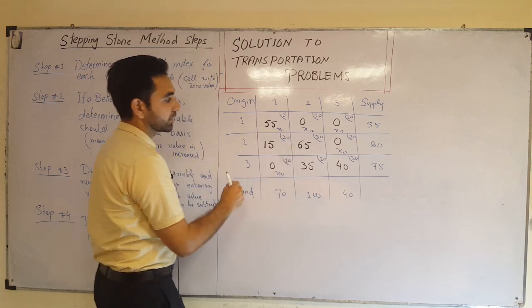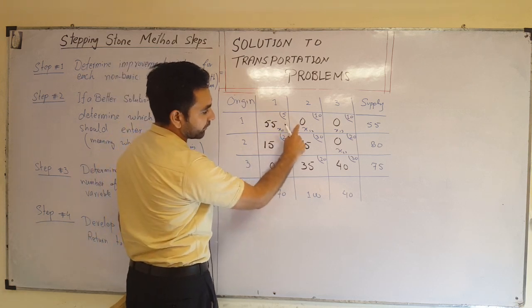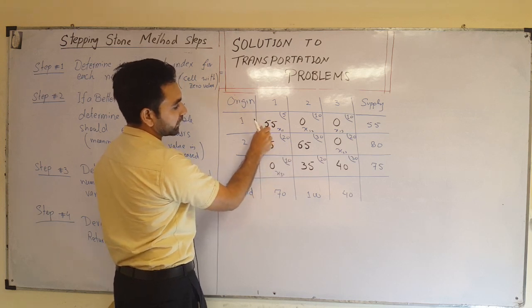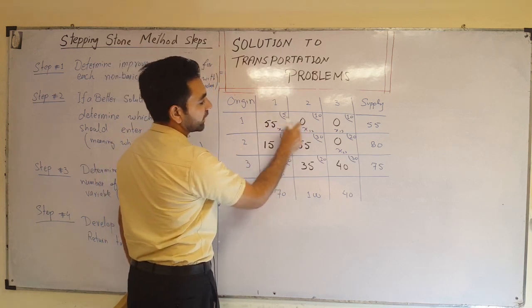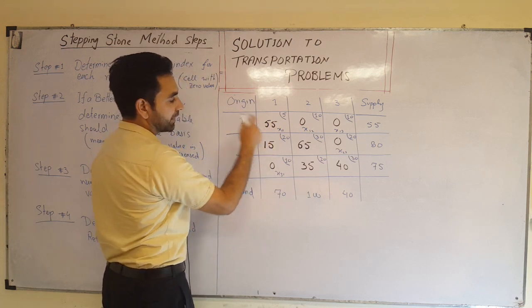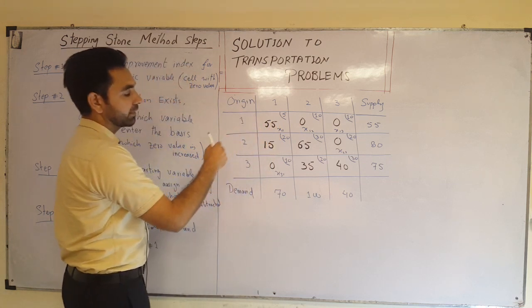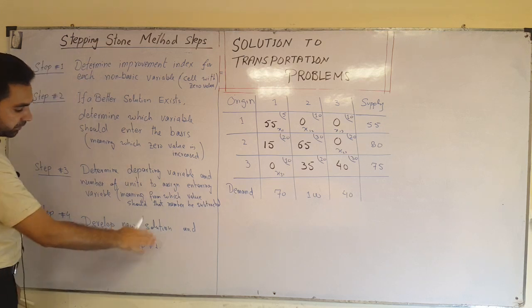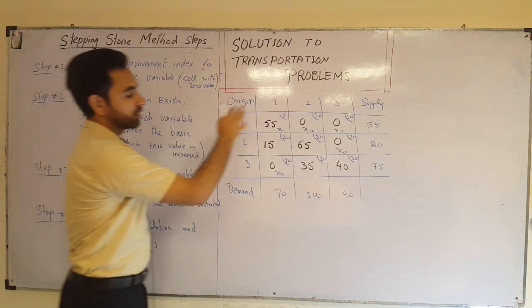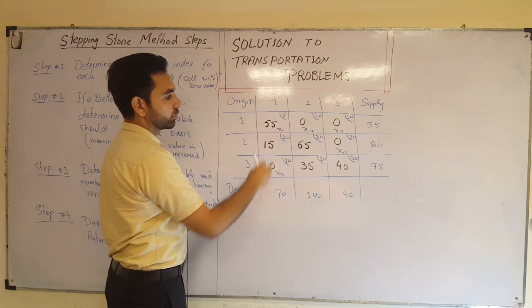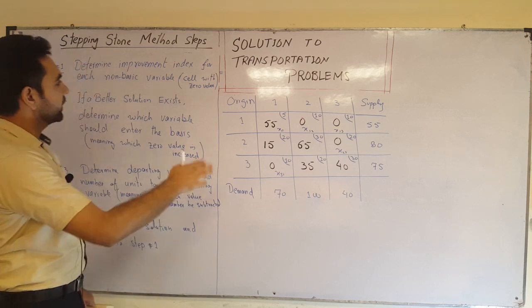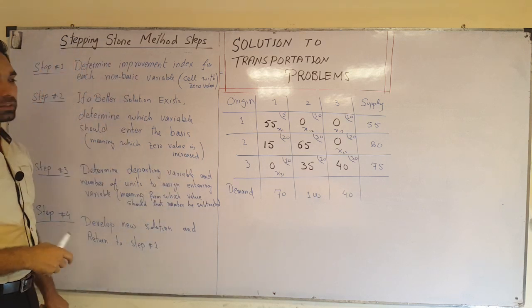Which one should be decreased? The variable from which you subtract something and add it here is called the leaving variable. You have to find that variable, and then develop a new solution. So this whole table will change, and then again you will do the same steps.